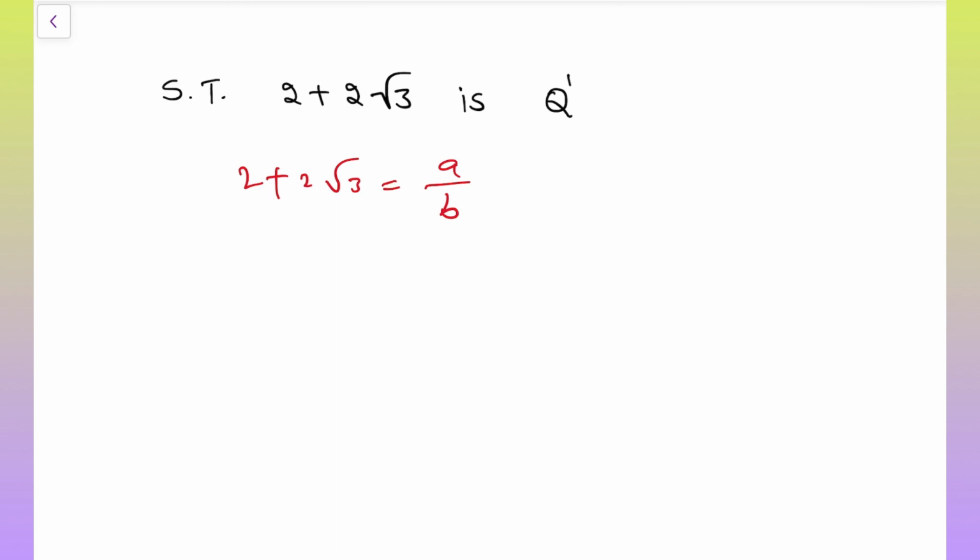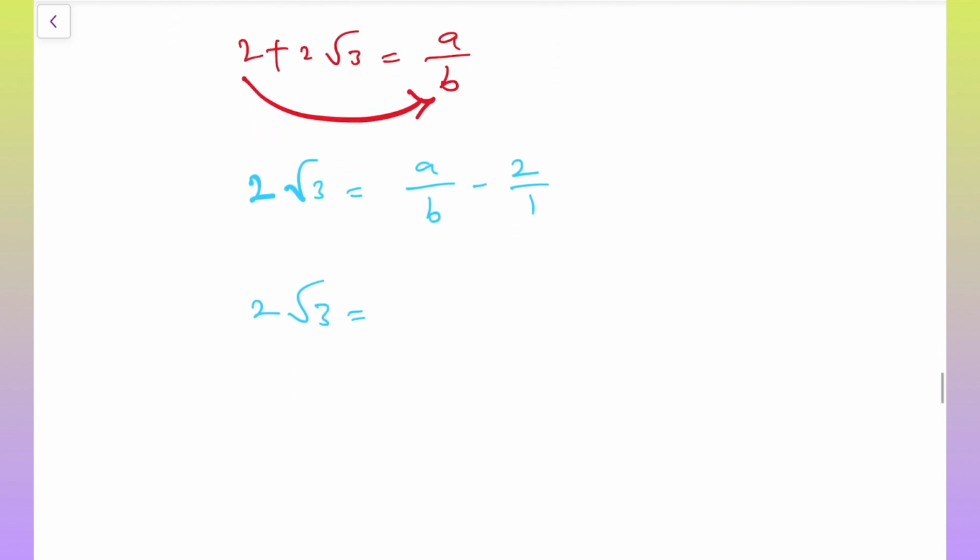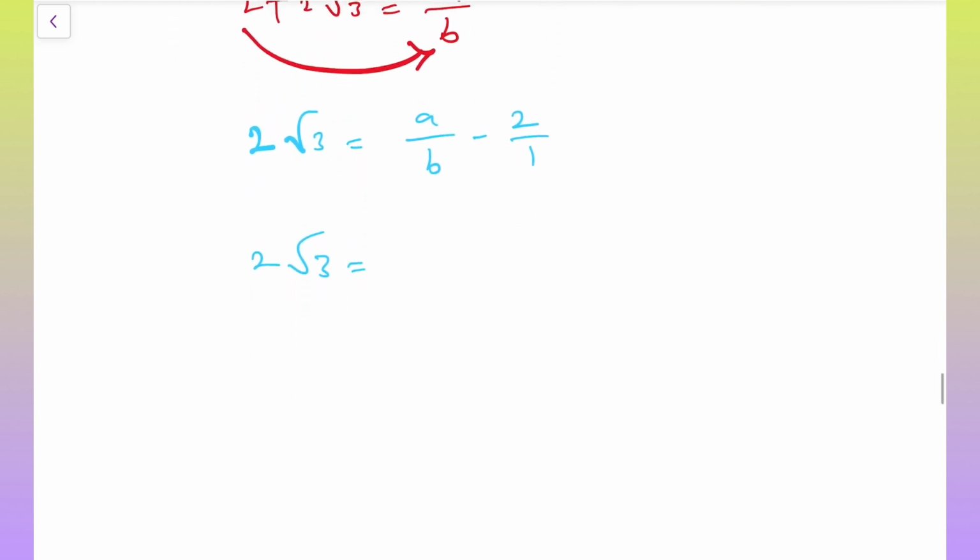Now here also no need to do any squaring, nothing, just simply take this 2 to the right side. So it will become 2 root 3 is equal to a by b minus 2. This 2 can be written as 2 by 1. So 2 root 3 is equal to, on the right side, do the LCM of it: a minus 2b by b.